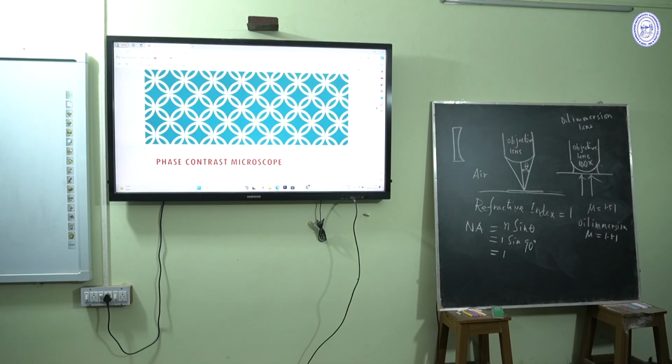Stain is a hazardous chemical that may kill the microbes and alter the shape of the microorganisms or cells.